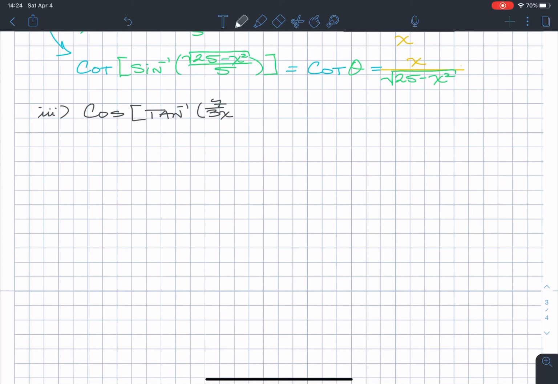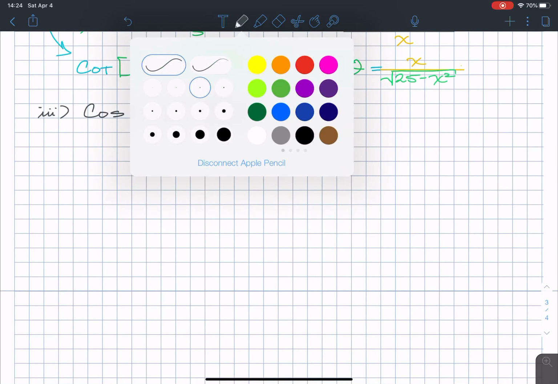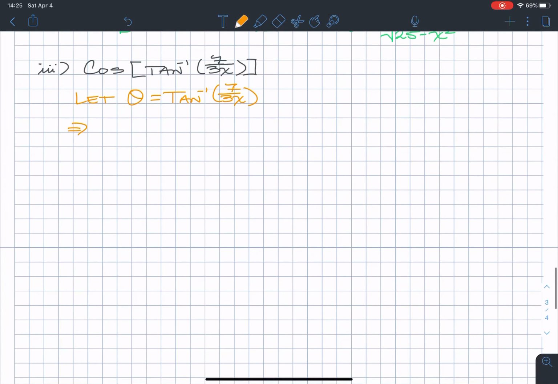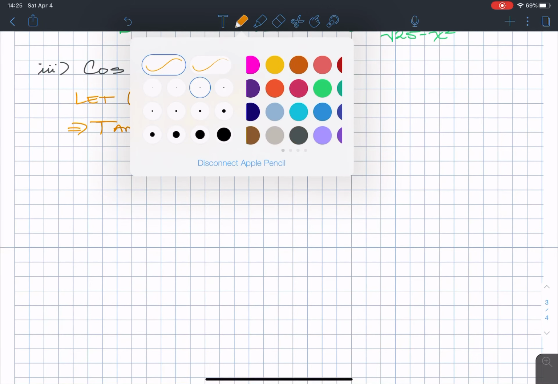Okay, so once again, the first thing I want to do is let my angle theta be the inverse trigonometric function, because I want to rewrite this without inverse trig functions. So I want to rewrite this as normal tangent of theta is going to be 7 over 3x. So now I can draw my triangle.